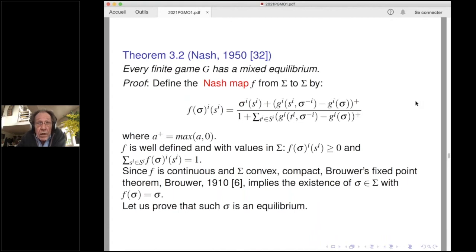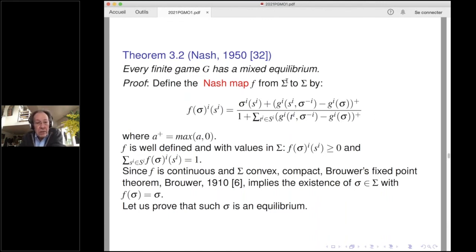If you look at the case, it's the positive part of the payoff, but it was for an antisymmetric game, so it corresponds to this. Joseph Hofbauer calls this dynamic the Brown-von Neumann-Nash dynamics. So the map is as follows.